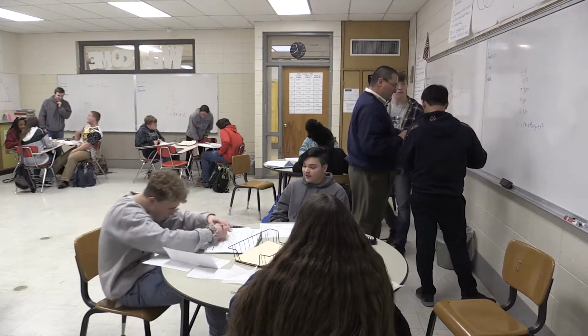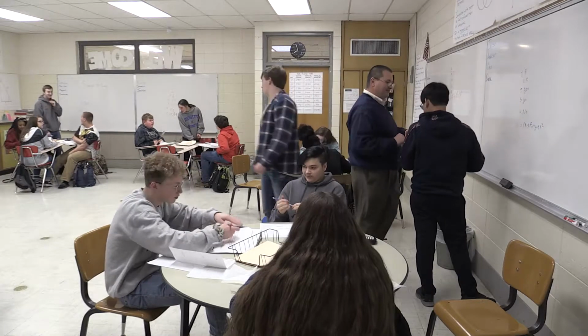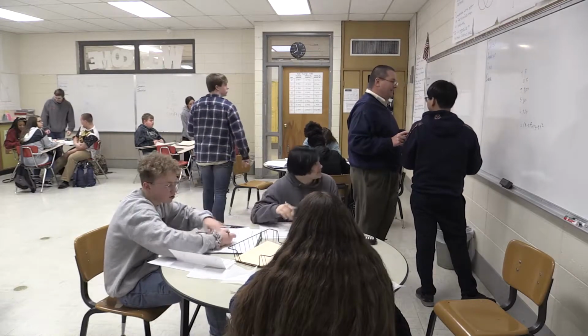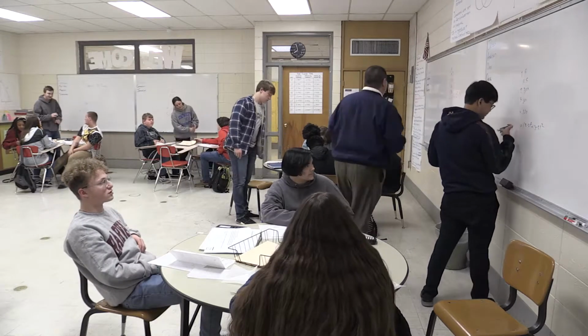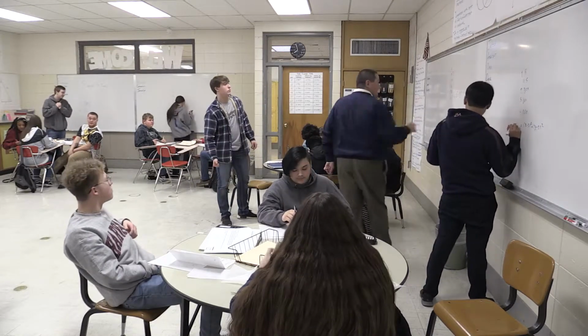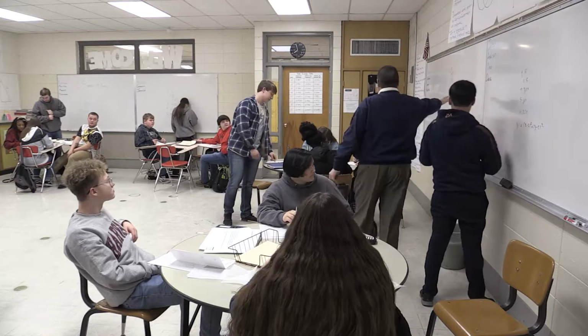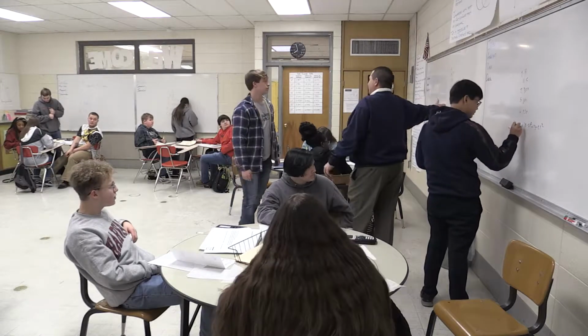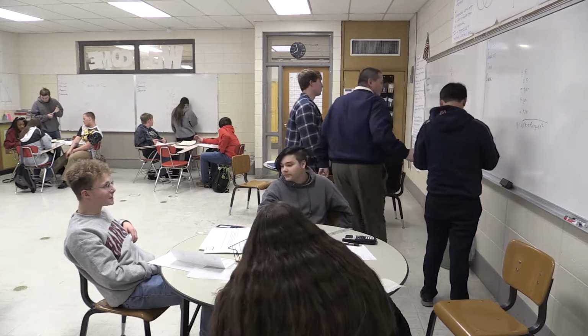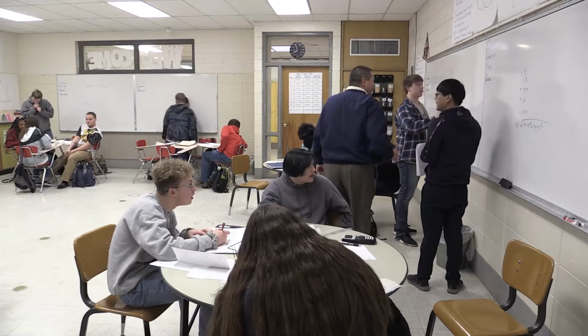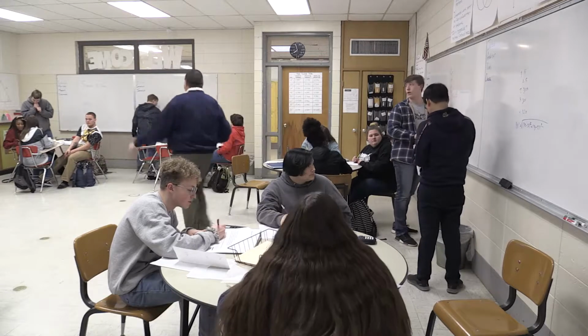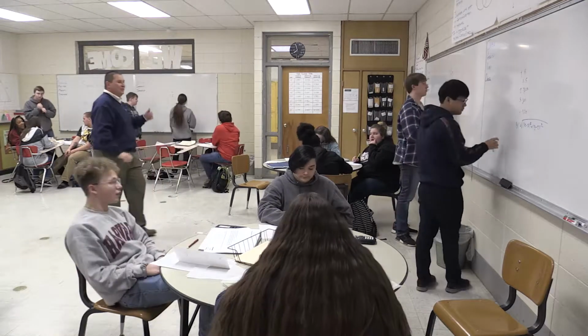What was the answer here? 5, y. No, it wasn't y. I mean the absolute value of y. Okay, guys, look right here. Oh, squared. But now if you square it, do you have to say absolute value? No. Why? Because when you square it, it's going to be the exact same. Good.